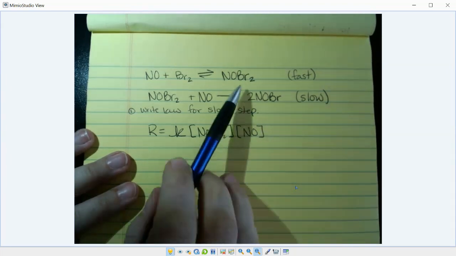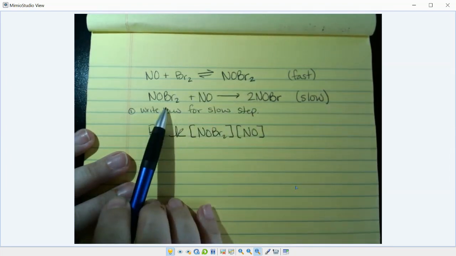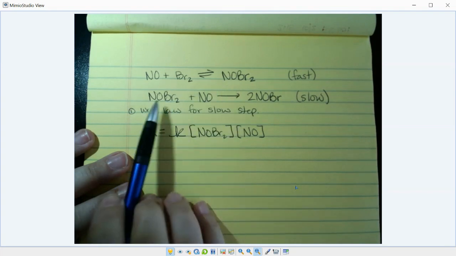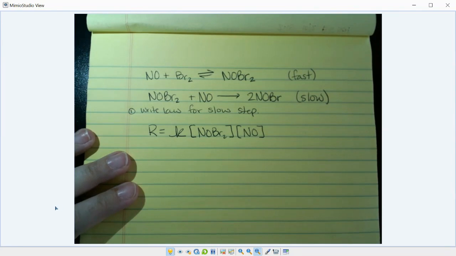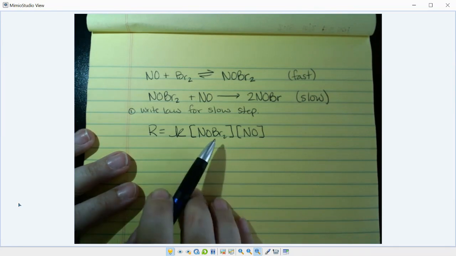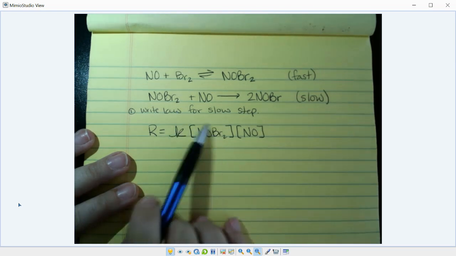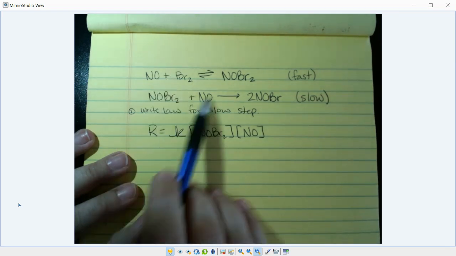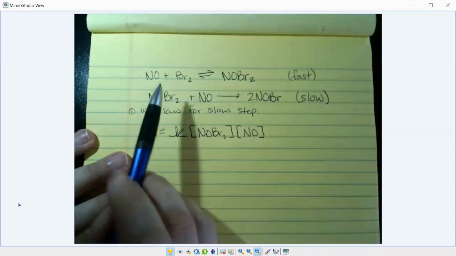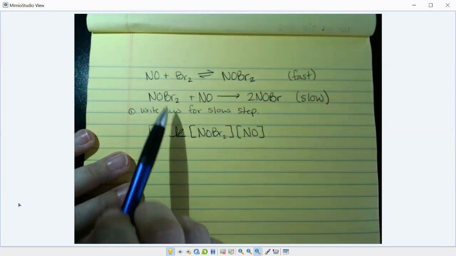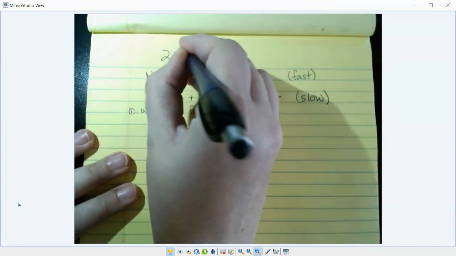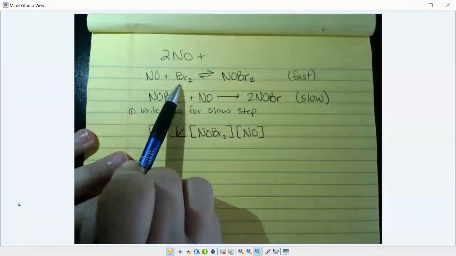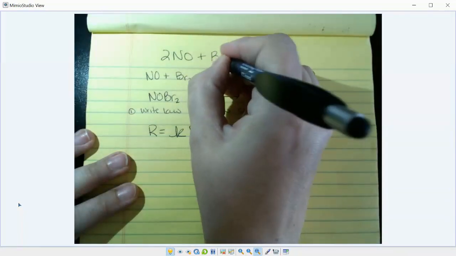But the problem is NOBr2 is an intermediate, and you cannot have an intermediate in your rate law for the overall reaction because there's no way to measure that. So if we looked at what the overall reaction was, we just combine like terms and get rid of the intermediate. So we have 2 NOs, so I'll write that up here, 2 NOs plus some Br2.